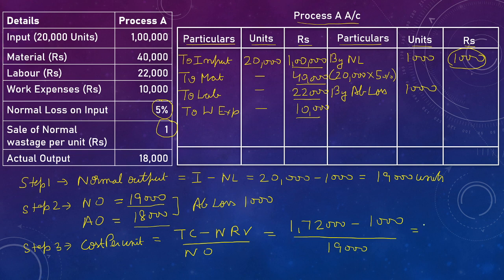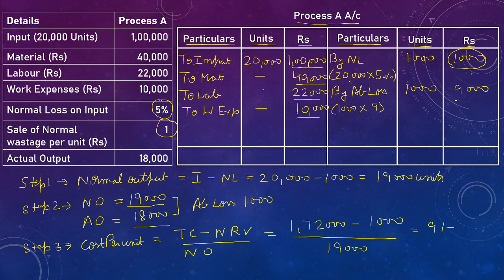So our cost per unit here is 9 rupees per unit. For the valuation of abnormal loss, we multiply the units by 9 rupees per unit, so our abnormal loss is 9,000 rupees.